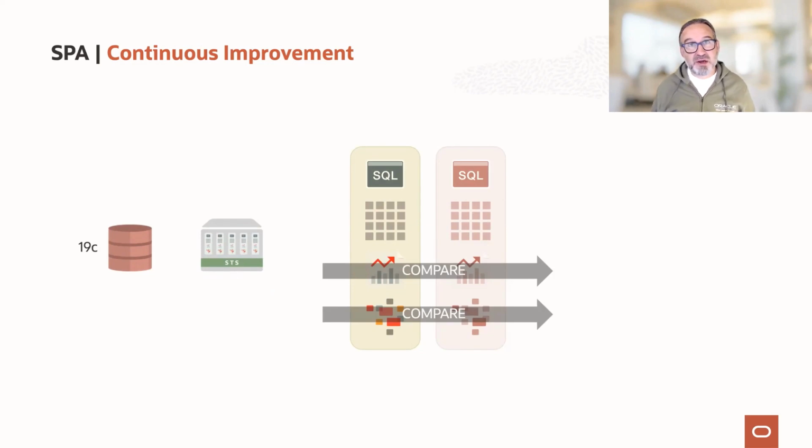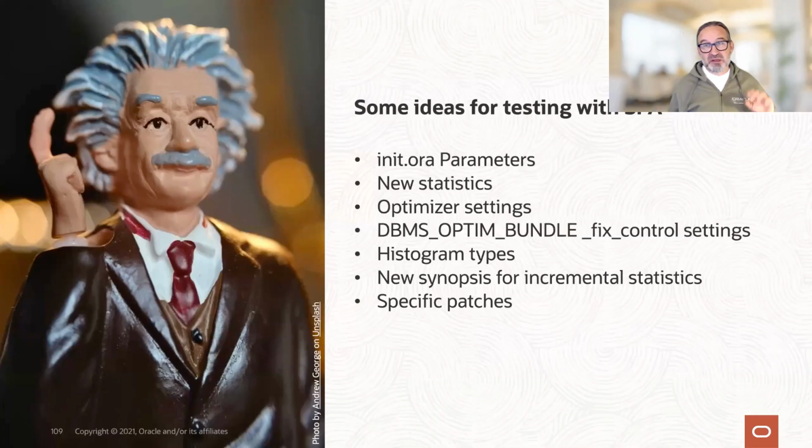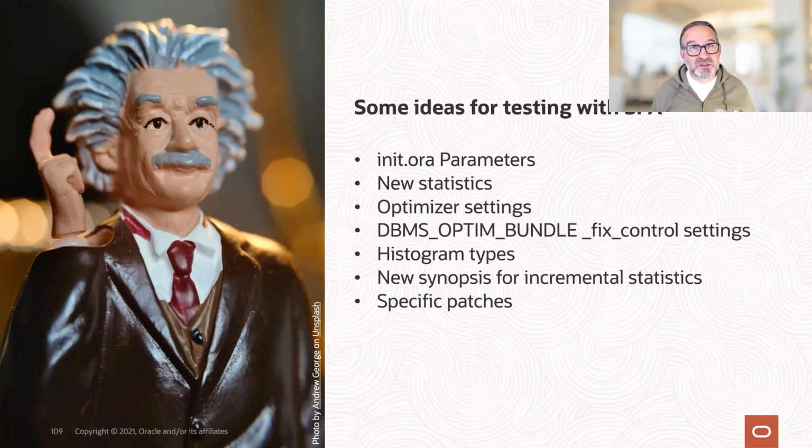And we did this in the past for customers, for instance, just to find out what is the best setting for optimizer mode. And we have a lot of ideas here. So we could think of, hey, in init.ora parameters, optimizer mode, what is best? All rows, first rows 10, first rows 100, or, in some databases, I see this sometimes in older databases, you have optimizer_index_cost_adj set to a really weird value.